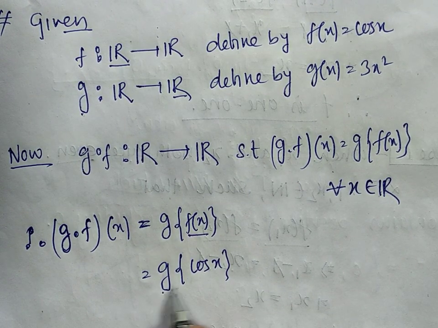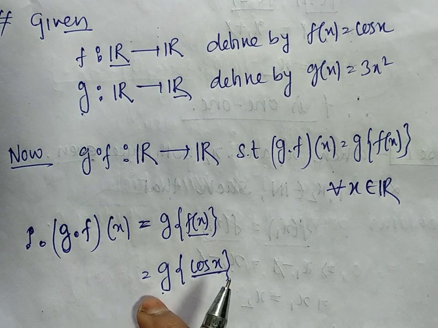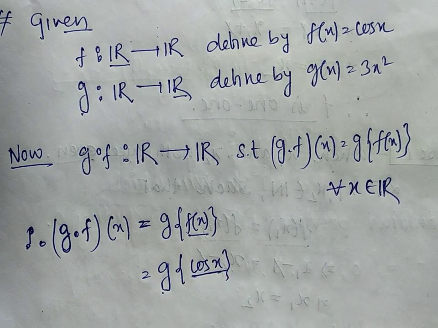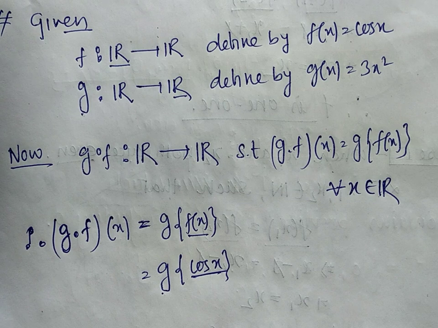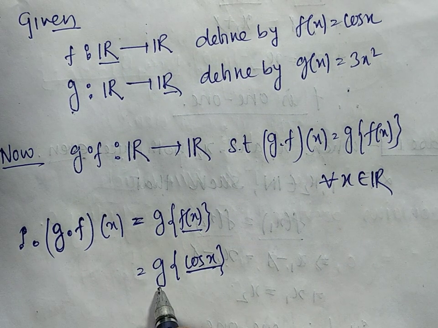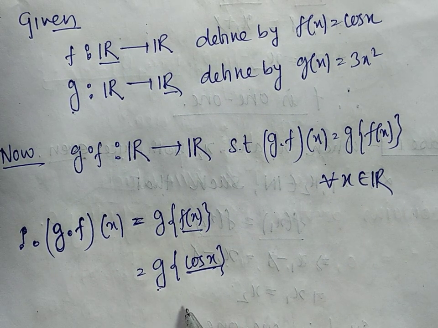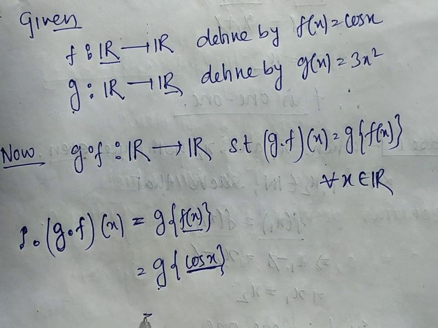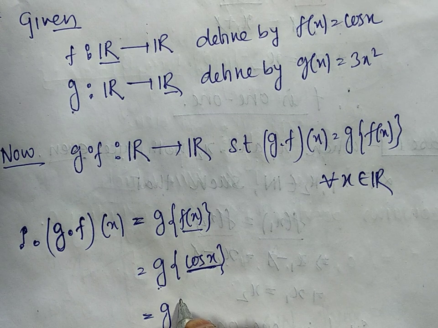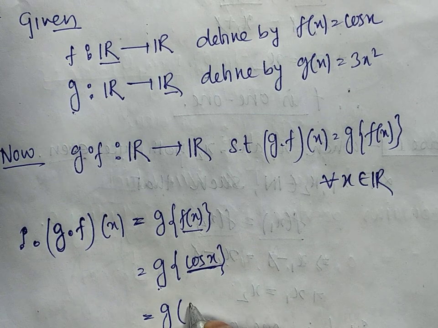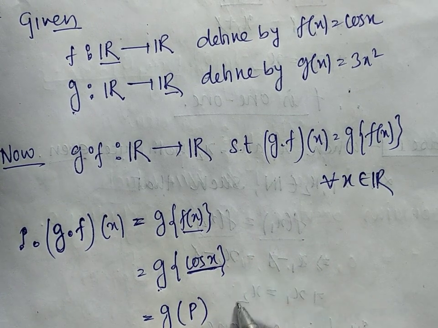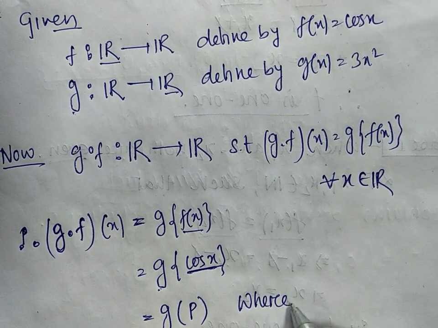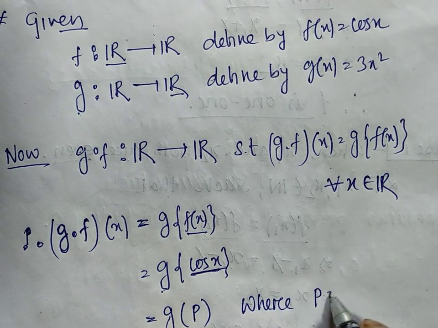So for the function g, this is a domain element, obviously, because whatever expression is inside the function's brackets can be considered a domain element. For the purpose of simplification we have considered this one as p, where p is equal to cos x.